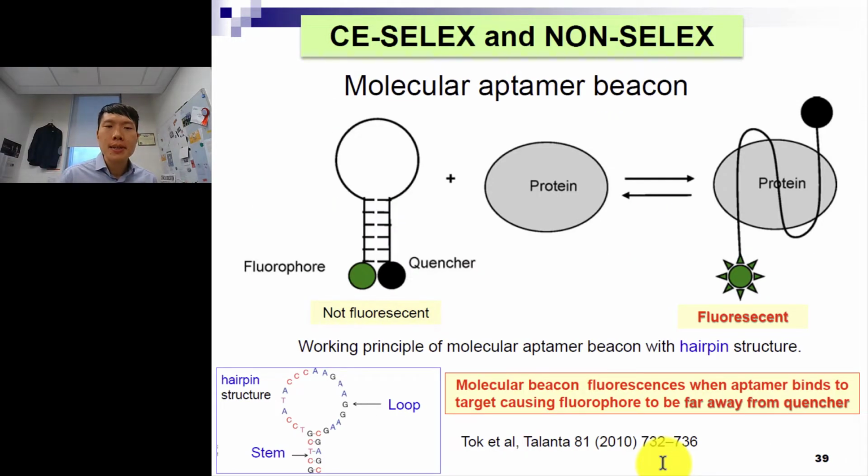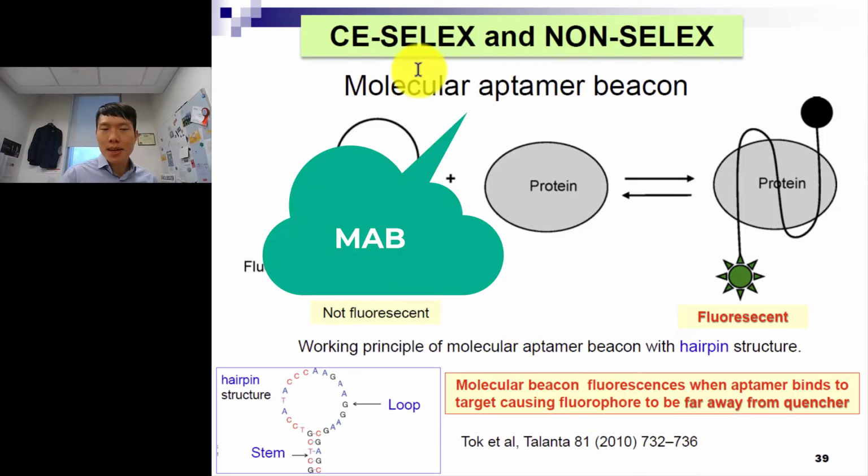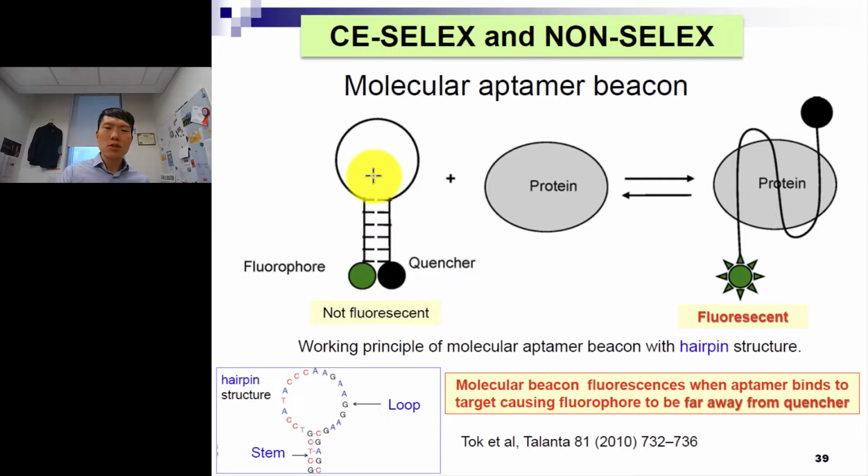Next, I want to introduce something called the MAB, the molecular aptamer beacon. At first, this particle doesn't fluoresce, because the fluorophore that's supposed to fluoresce is closely attached to the quencher. Quencher means that it wants to fluoresce but doesn't allow it.